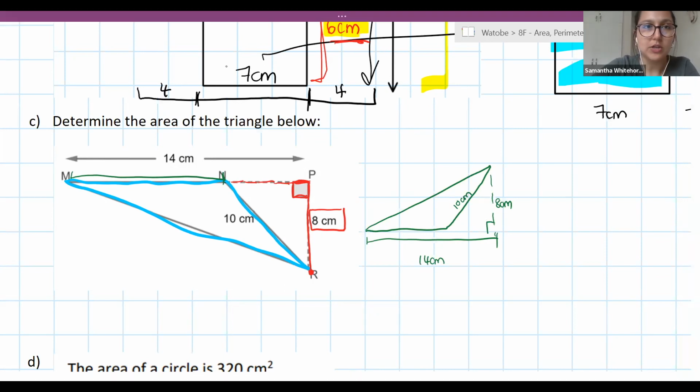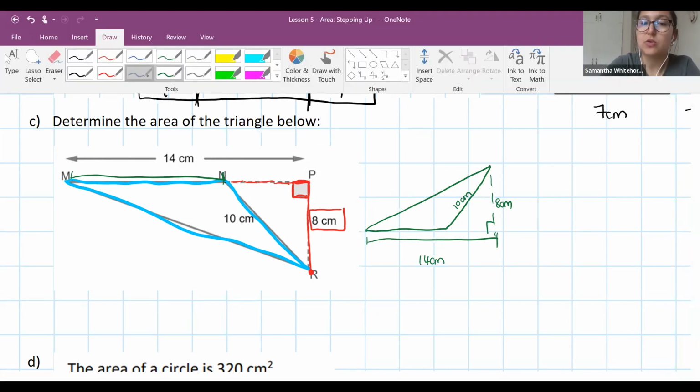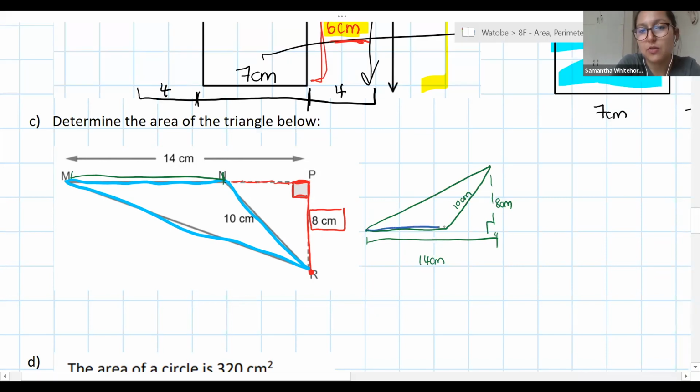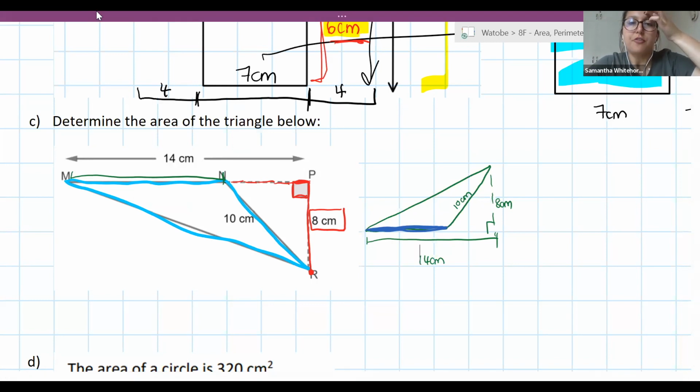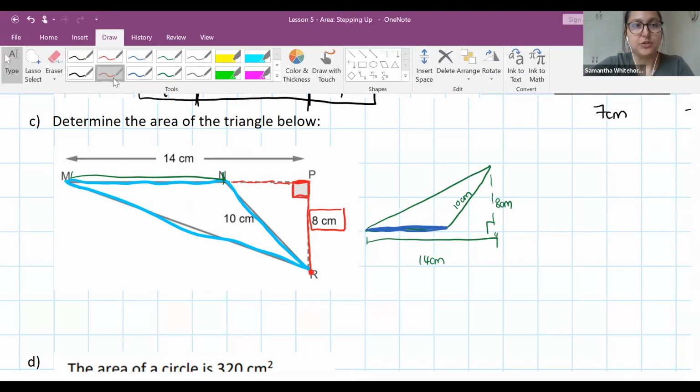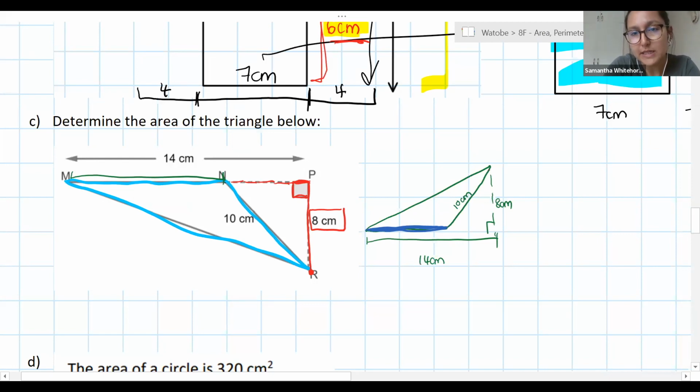Now that's all well and good, but the problem is, I don't have my base length. I don't know what the length of this base side is, and I therefore need to work it out. This will often be the case, and often what we will need to do is use Pythagoras. Because of that right angle, I actually have a right angle triangle. That wasn't a great right angle triangle. I'm going to try again.